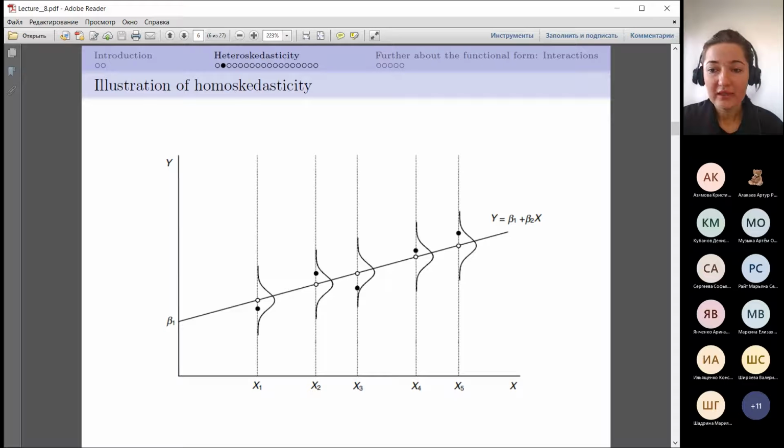So let's start with the first observation, x1. If there were no disturbance term in the model, the observation would be represented by the circle on this line. Here's the sample regression line.